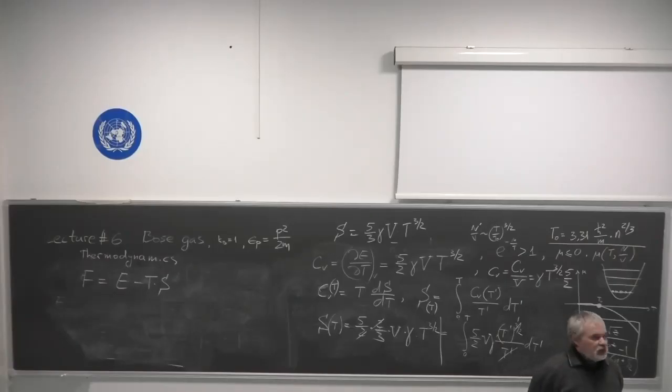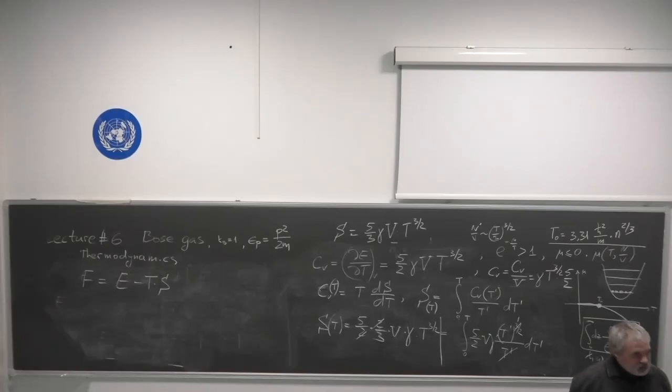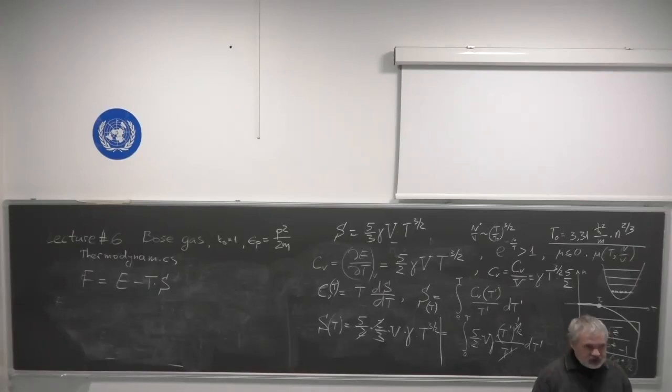As I said, if I have a finite spin, I need to take into account that in the absence of a magnetic field, each atom for spin 1 is 3-fold degenerate, because spin 1 is a triplet. It contains 3 components: +1, 0, and -1. A magnetic field lifts this degeneracy, but without it, each state is 3-fold degenerate. So even at temperature equal to 0, the logarithm of your statistical weight will give you the logarithm of 3 times the number of particles.